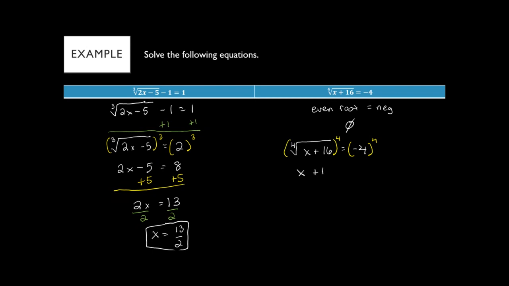So that will give us x plus 16 equals, and then negative 4 to the fourth power, 256. So now we're just solving for x, so we're going to subtract 16 from both sides. And we get x equals 240.